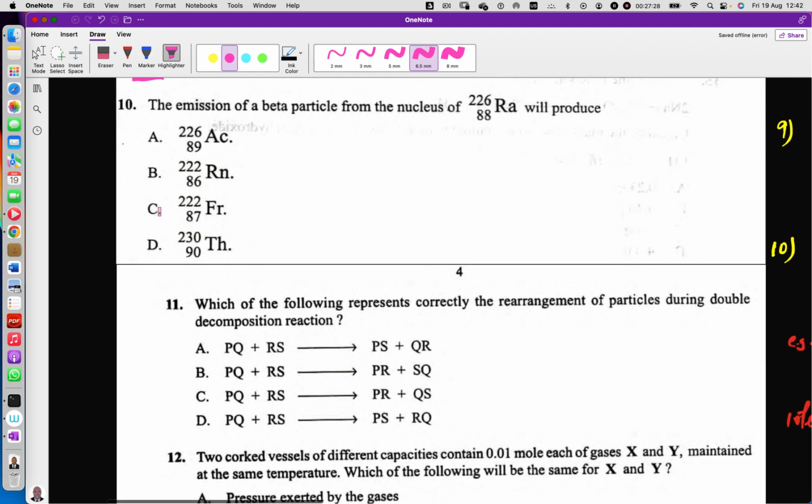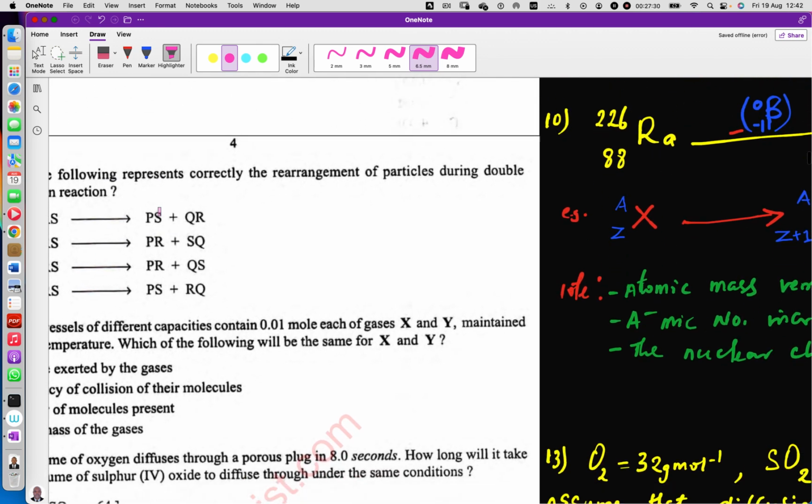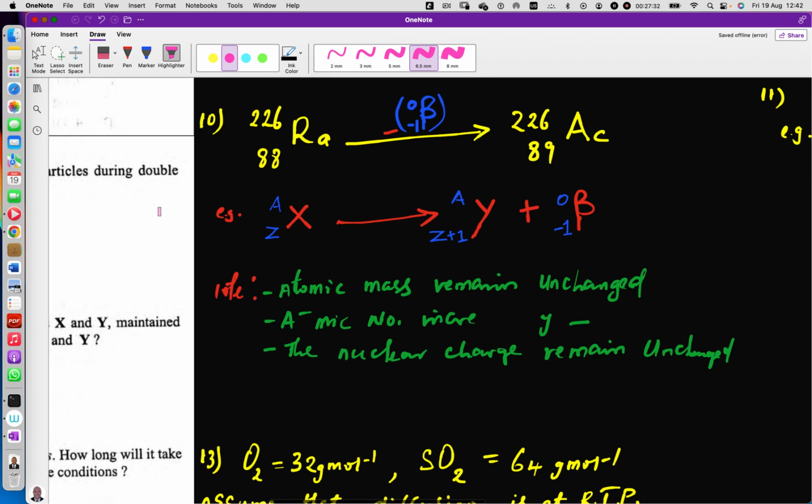This is how a beta particle is represented. Let me just show it before we go to the question.